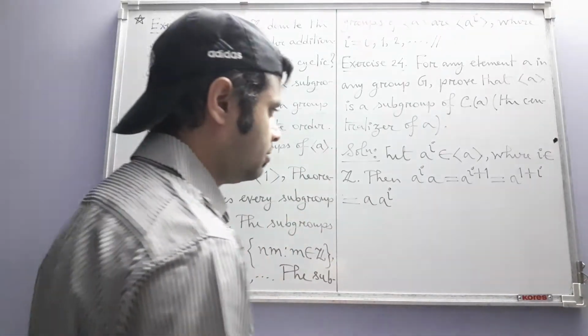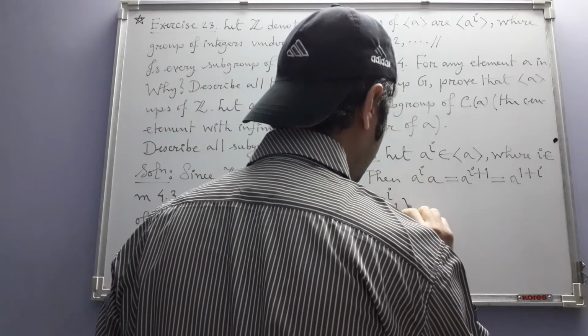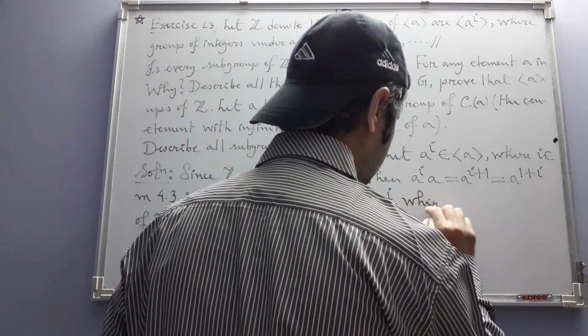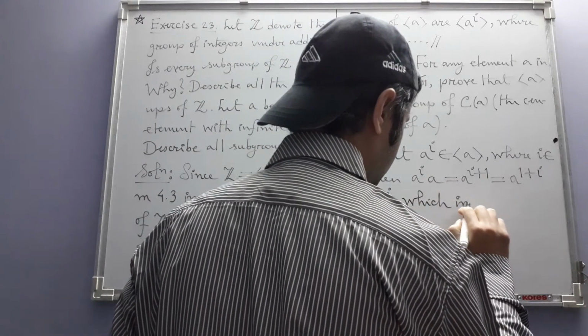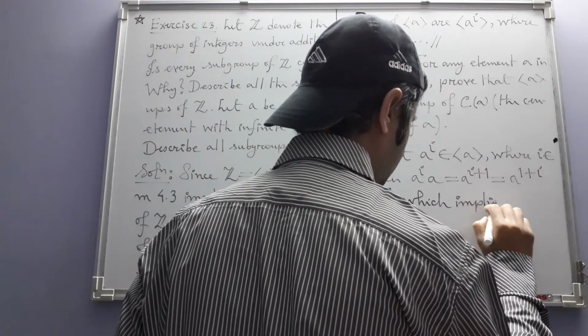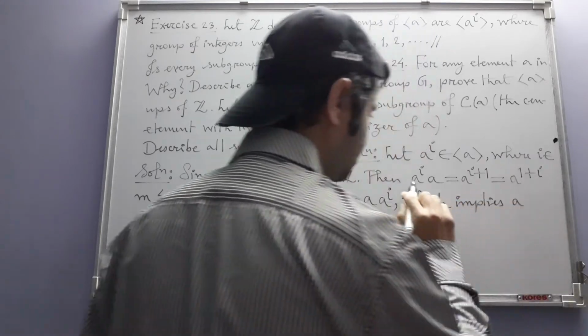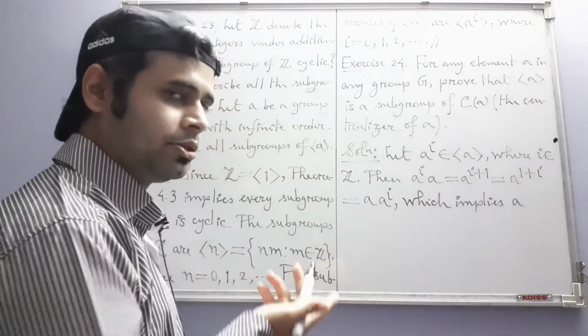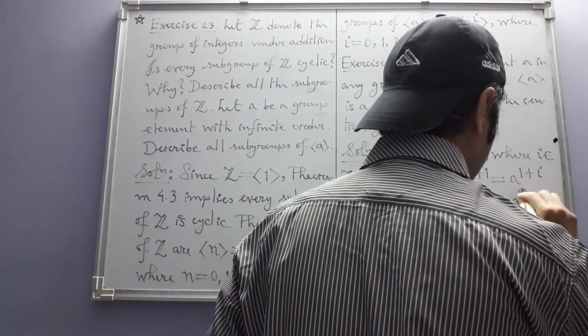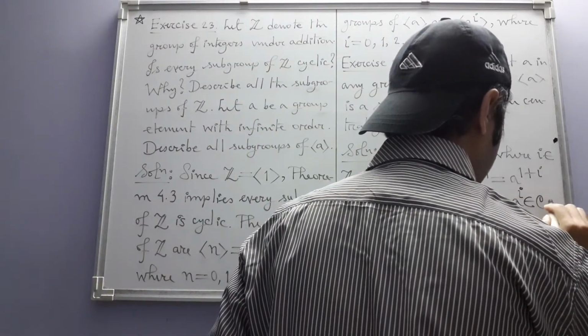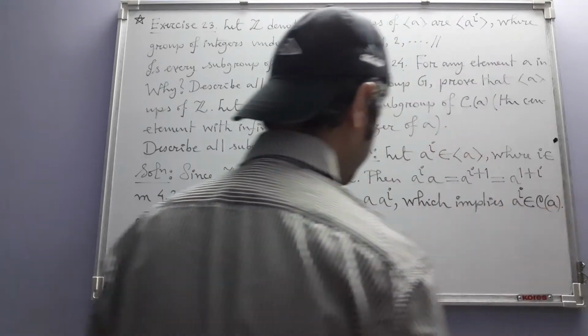It's understood, which implies that A to the power i commutes with A. So A to the power i belongs to the centralizer of A.